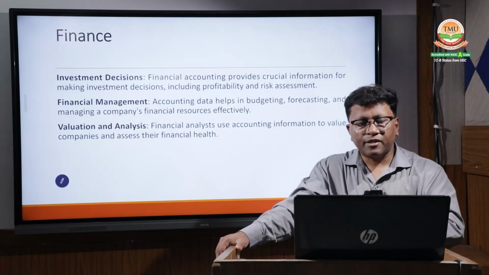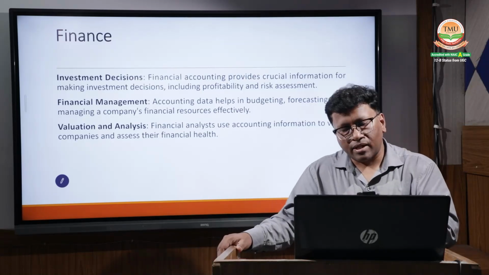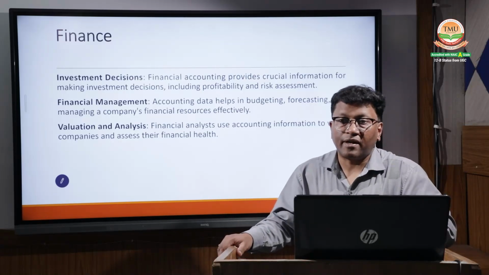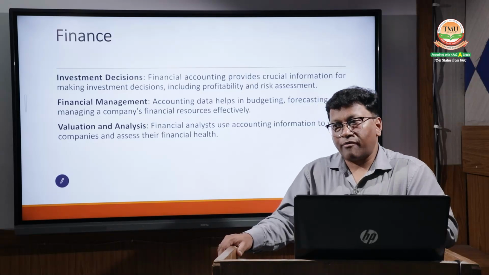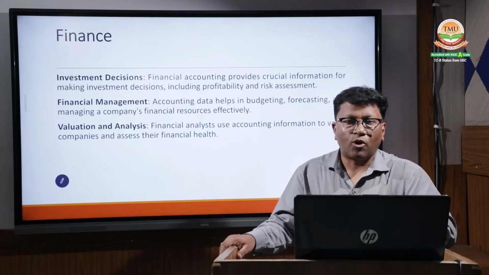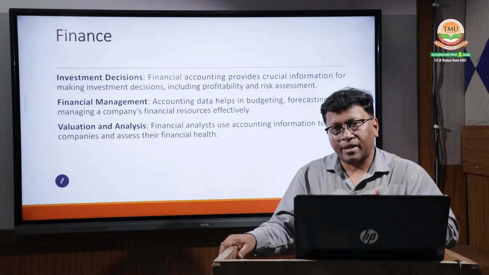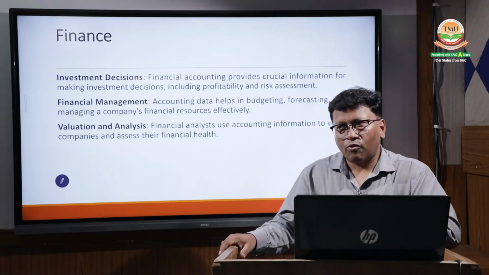So financial management is that particular subject where you have to take decisions regarding capital budgeting and financial planning, or you have to maintain the leverage ratio. Suppose the organization wants to work on leverage, using debt as well as equity capital. So what about the debt?